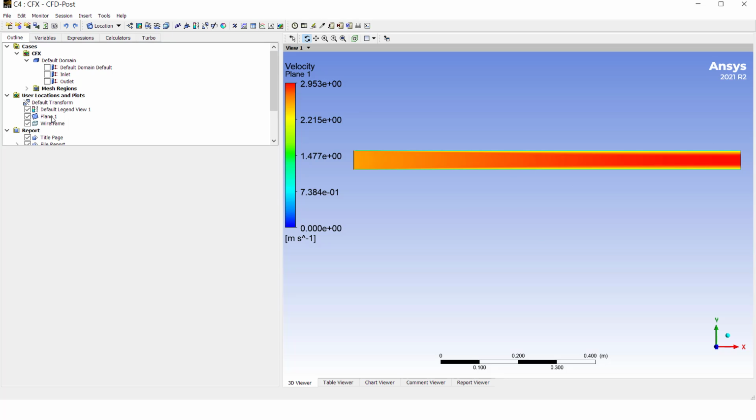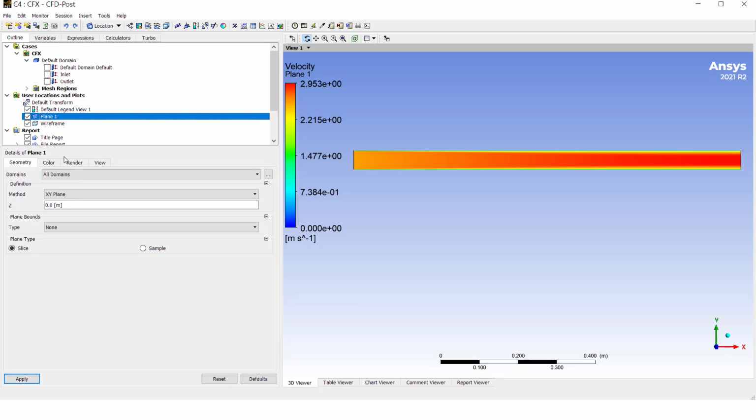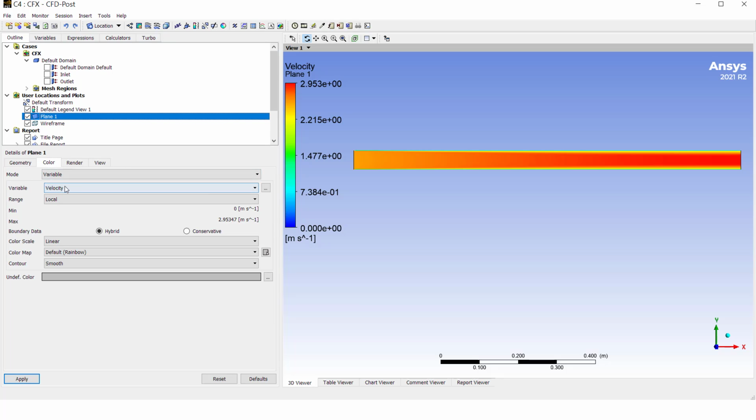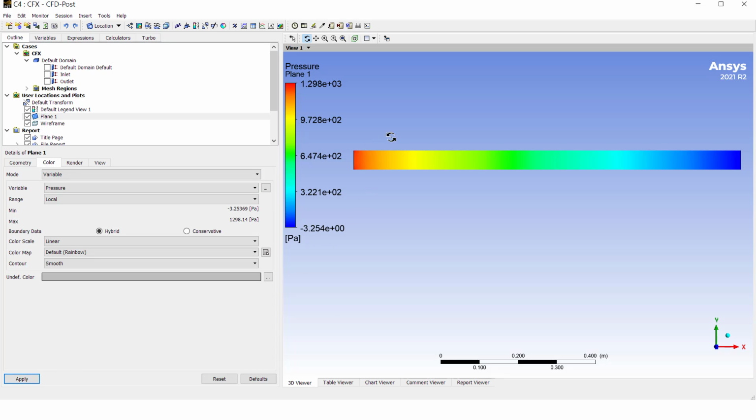If we change the plane view to pressure, we can see that the higher pressure is around 1,300 pascals and the lower pressure is minus 3.2.